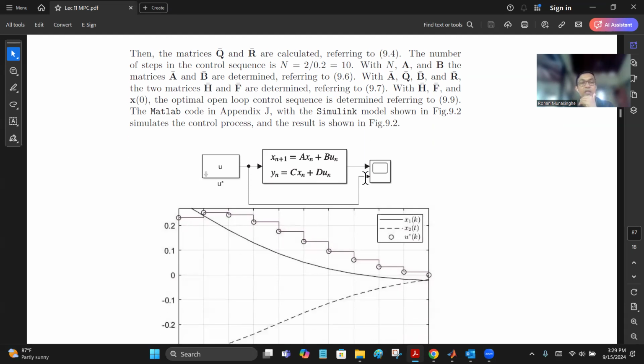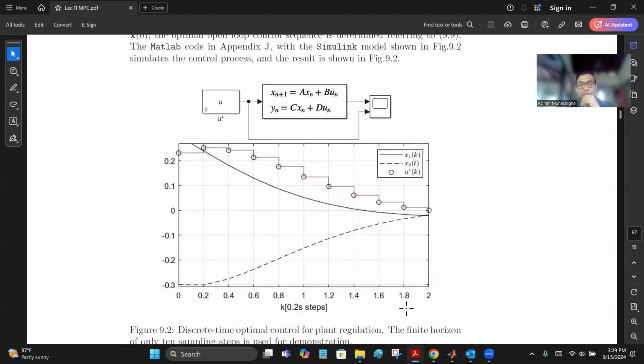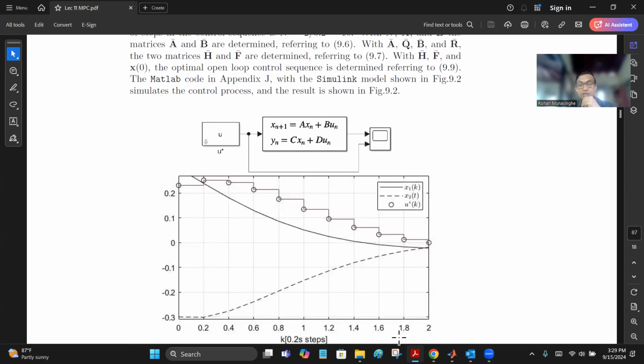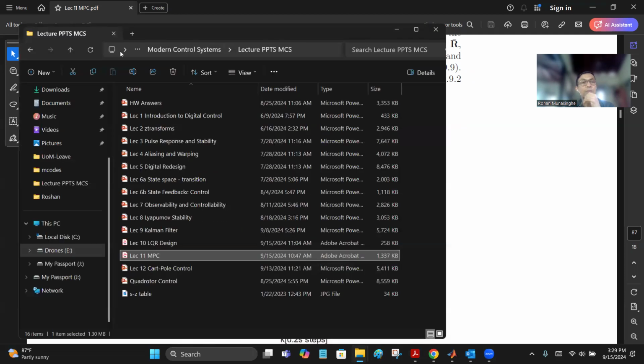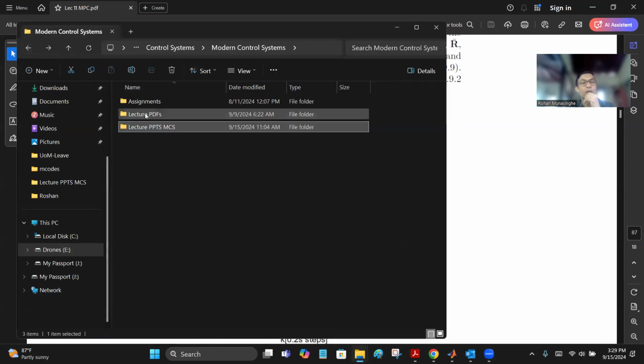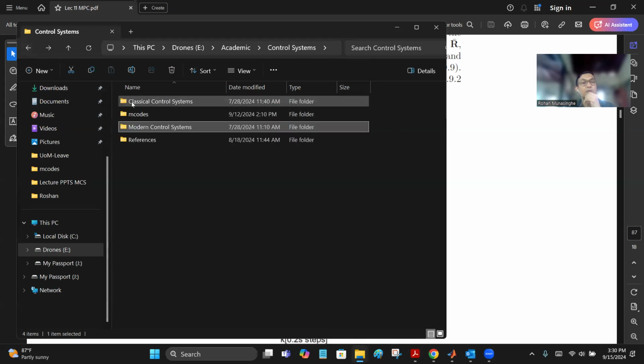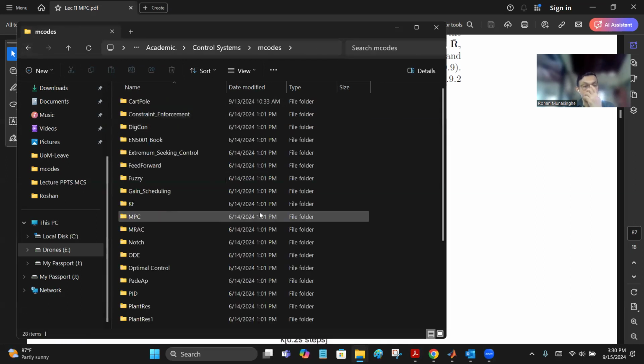So using this MATLAB code, Appendix J, I will upload these codes so that you can play around with it. Let me go to Appendix J. I can launch that for you.